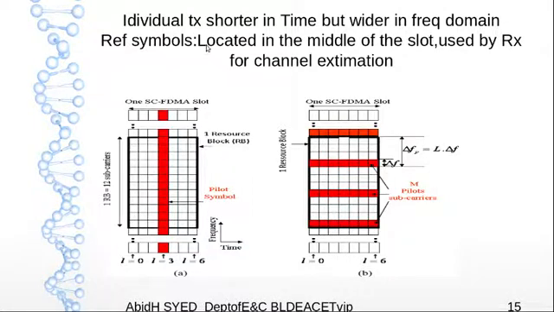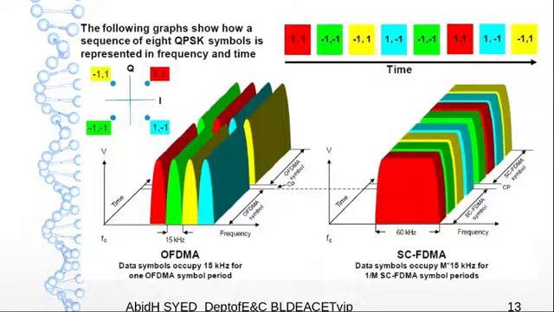So individual transmission is shorter in time but wider in frequency domain. In case of SCFDMA, individual transmission is shorter in time but wider in frequency. This is evident from this. You can see shorter in time. Each symbol is shorter in time. As you can see, it is very small here.